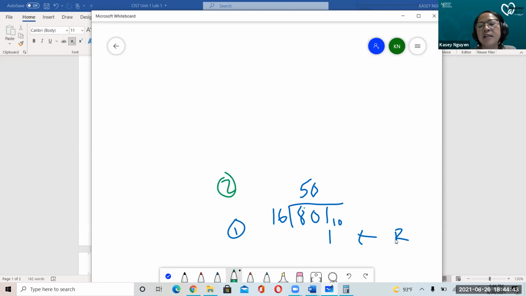I'm going to take this quotient 50 and divide it by 16 again. So 50 goes into 16 how many times? 3. And 3 times 16 is going to give me 48 with the 2 remainder. So I'm going to have a 2 as a remainder.